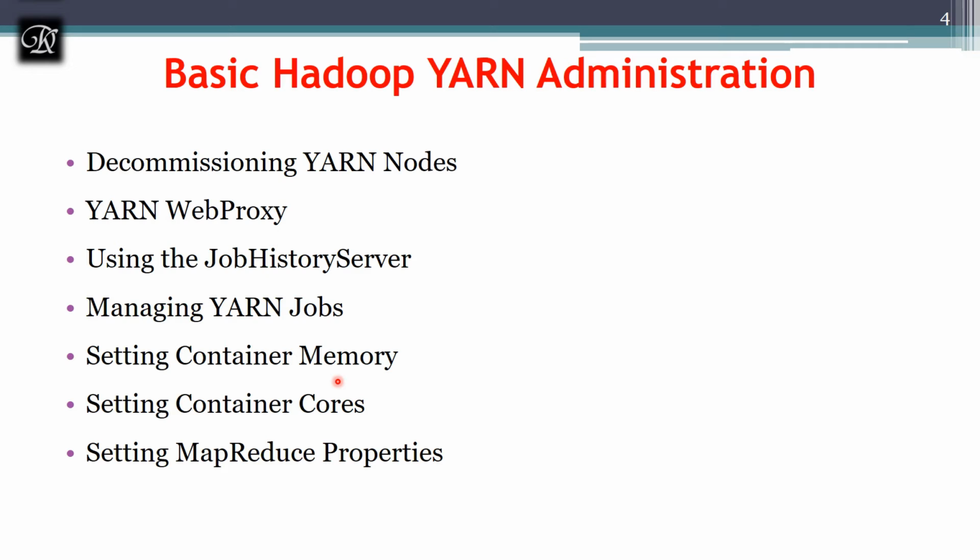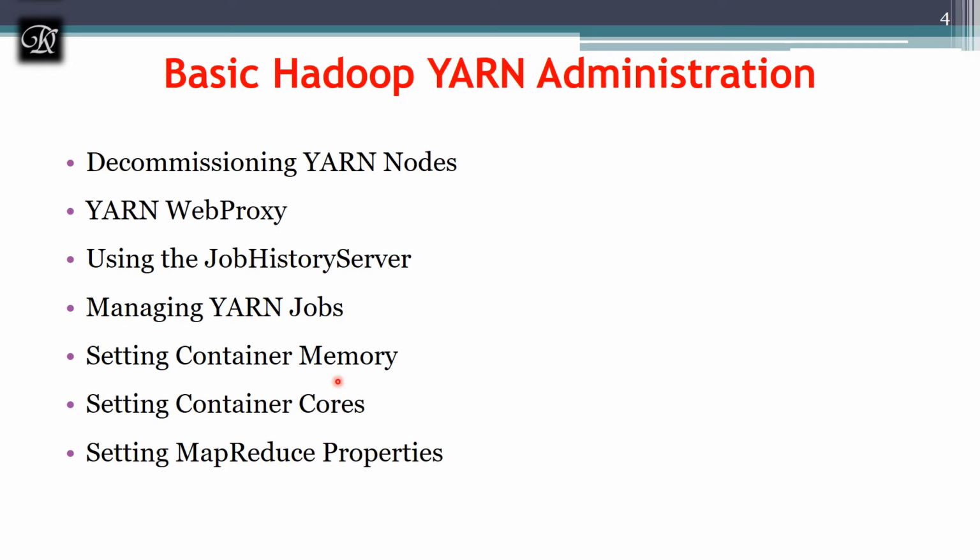Requests smaller than this allocation will not take effect, and the specified value will be allocated as the minimum number of cores. The default size is 1 core. Similarly, you can set the maximum cores, where the default size is 32, by using the property yarn.scheduler.maximum-allocation-vcores.